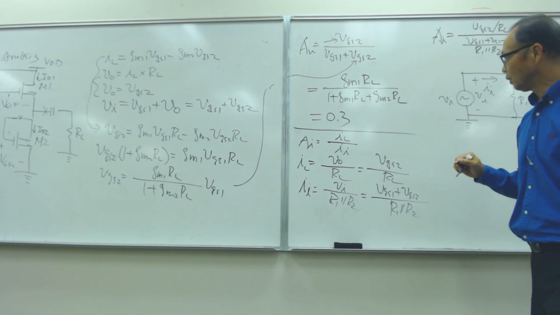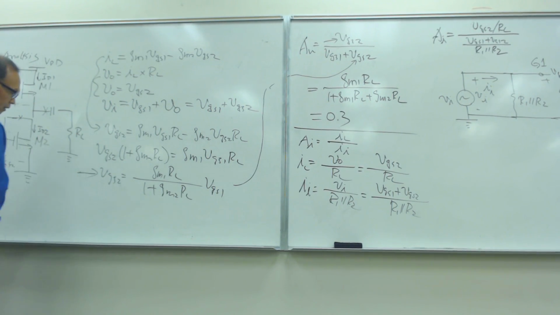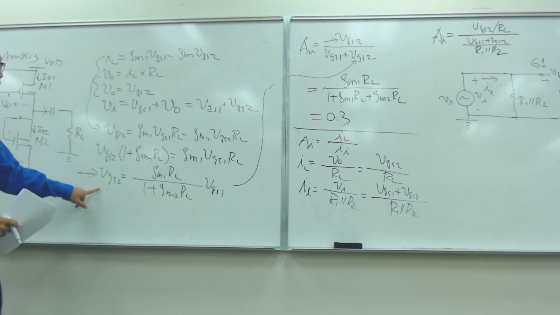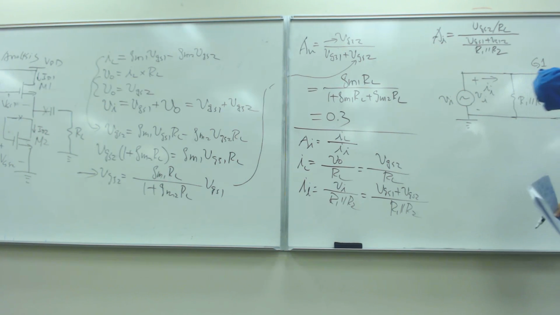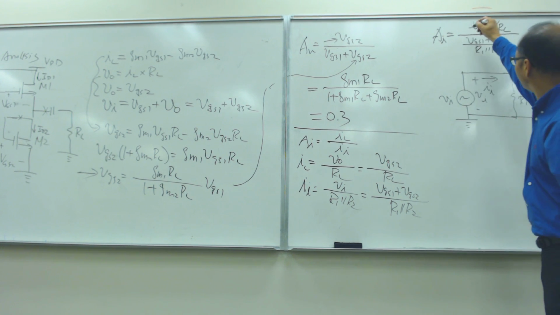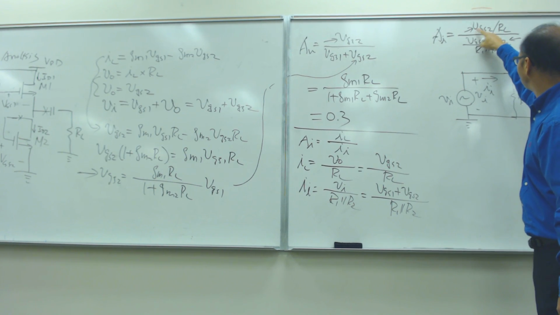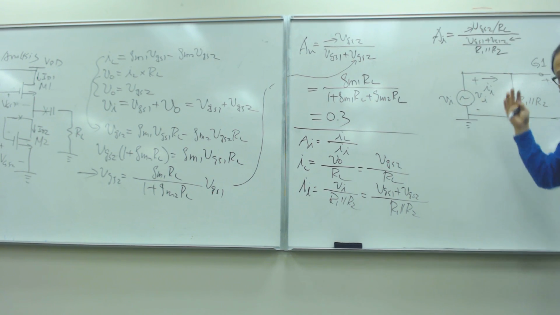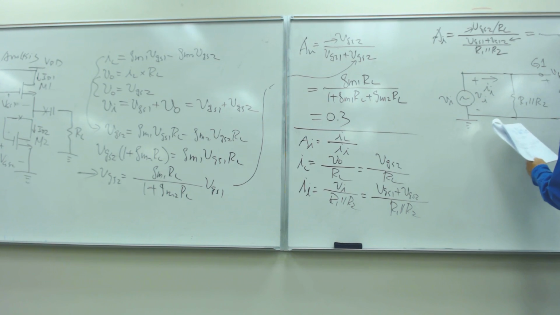But now, we already have this equation. Got it? Right here. So if you plug in this equation into here, all the unknown parameters will be cancelled, right? So basically, you put this equation into here, then this will become a function of VGS1, so VGS1 cancels, right? All right, in the end, this is the expression you should have.